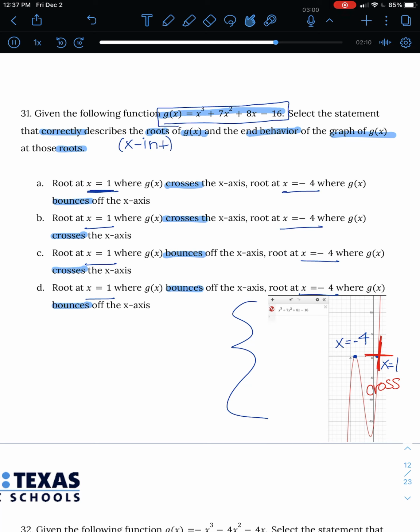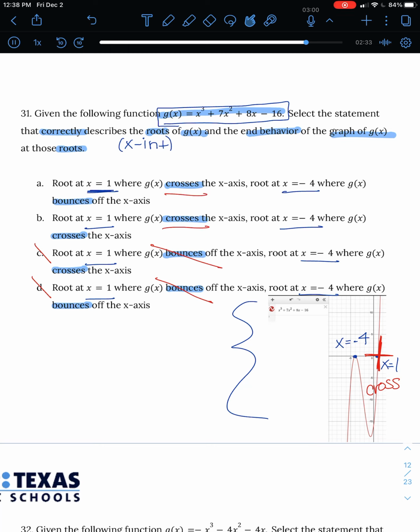Anything that says bounces is automatically going to be out, and it's not going to count as an answer that I'm looking for. So I'm going to cross off C and D, because they both say bounce. At 1, it does not bounce. It crosses through the x-axis. So C and D are out. A and B are the only ones that say cross.